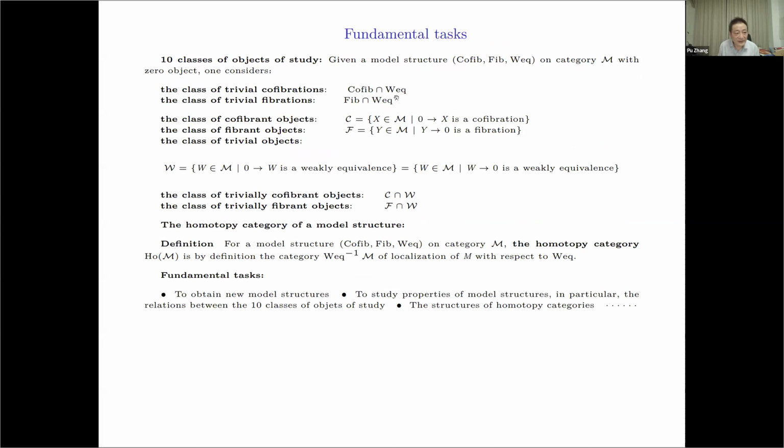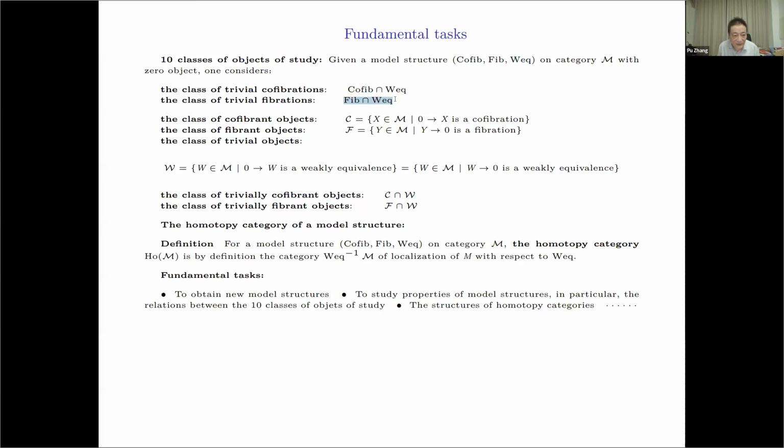we have ten classes of objects of study. We consider the category with zero object. The first are classes of morphisms in the definition, and this is the intersection, called the class of trivial cofibrations.